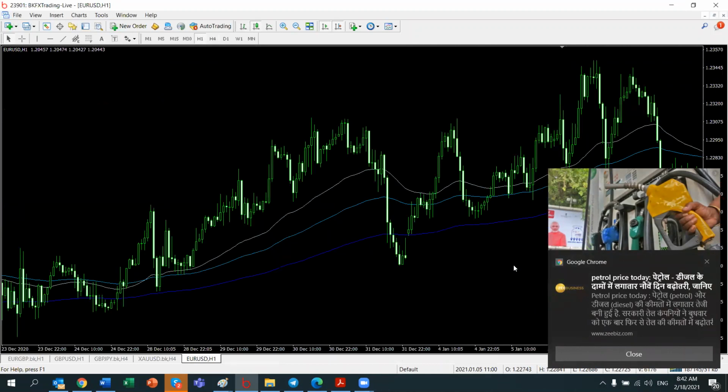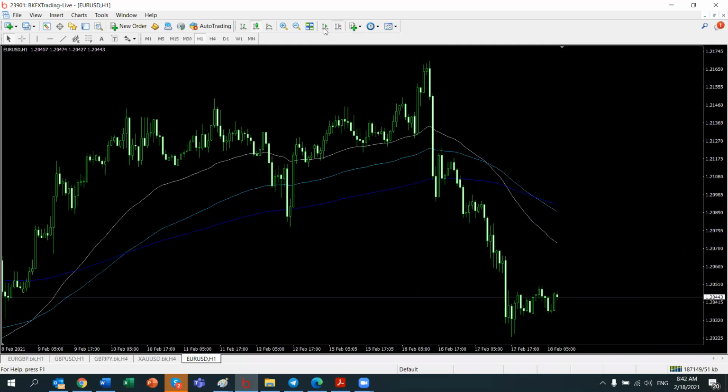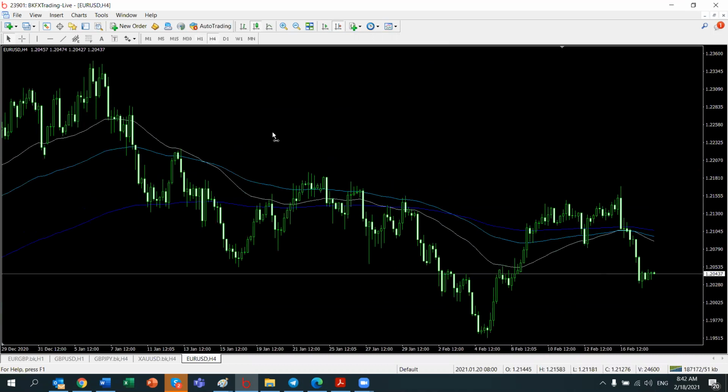So for any instruments that I am analyzing or trading, for you guys who are new, I will always have the three EMAs, not the simple moving average, but the exponential moving averages. And they are the 50, the 100, and 200. So this is the current sort of movement for Euro USD, as you guys can see, right?